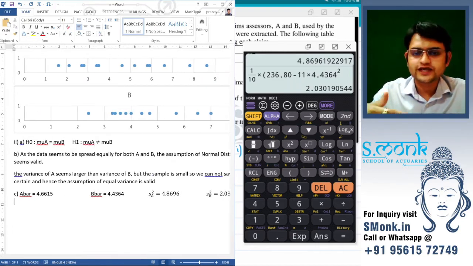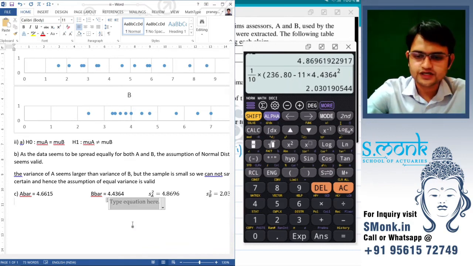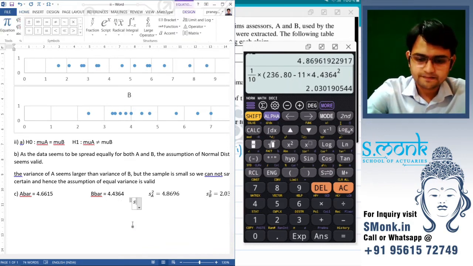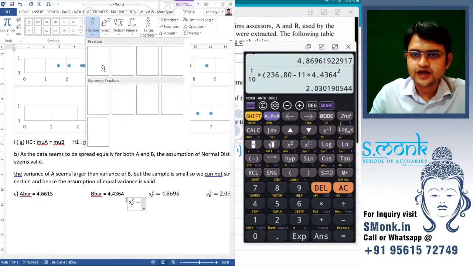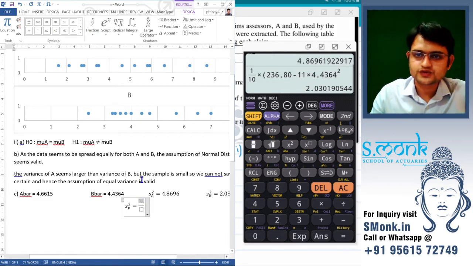So again, you can skip writing the formula, but I'll write it here. For that, I'll use equation editor. For fraction, when I am going to write a detailed numerator, I prefer using our options up above.